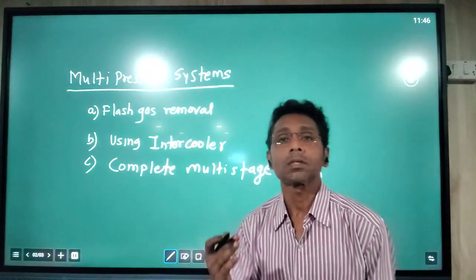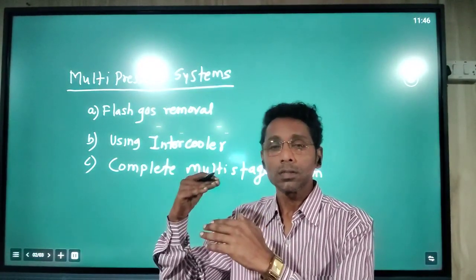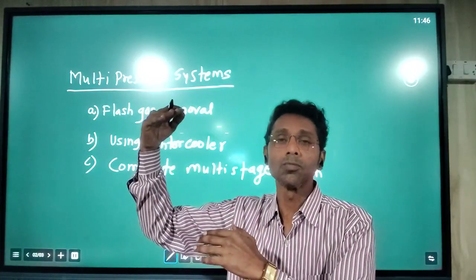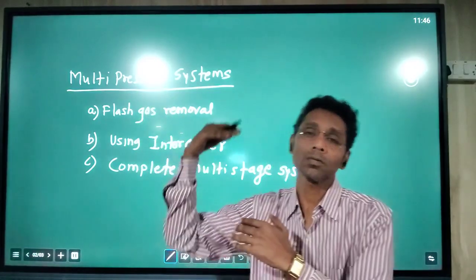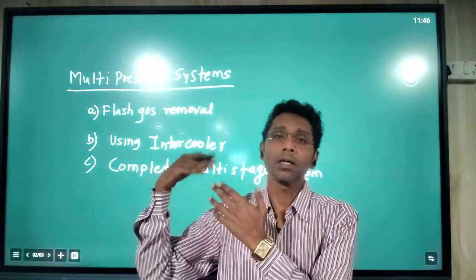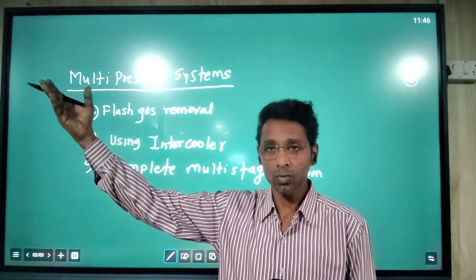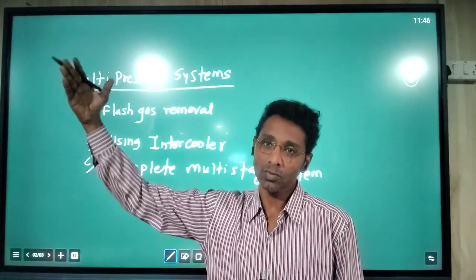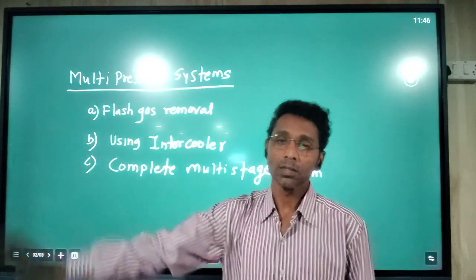Then we also discussed that when we use a single stage system for heavy duty application, the pressure ratio is more. In that case, the exit temperature of the compressor goes high. Subsequently, the enthalpy of that vapor goes into the superheated zone, further to the right side, so it increases the work input, the work consumption.